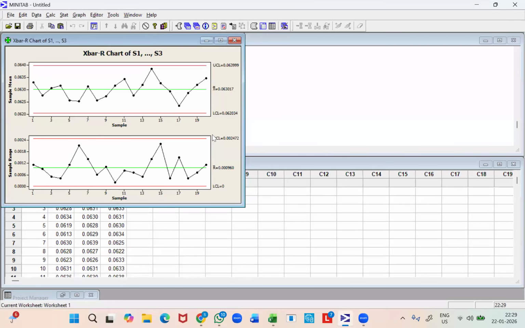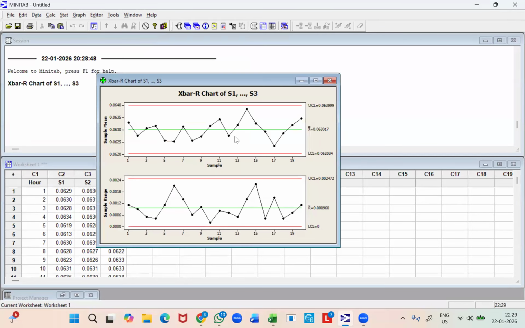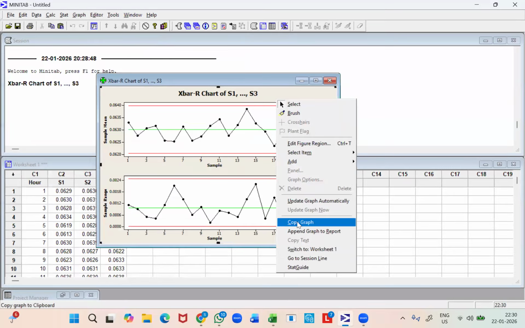As I told you, there will be 2 control charts, one for plotting the X bar values and the other for plotting the range values. If there was any assignable or special cause variation, it would have been indicated by a red dot. We don't find any red dot in either the X bar chart or the R chart, so we can say that this process is very much under control.